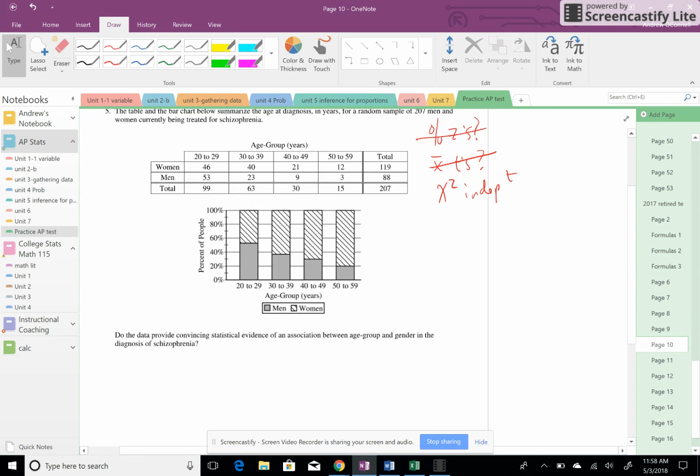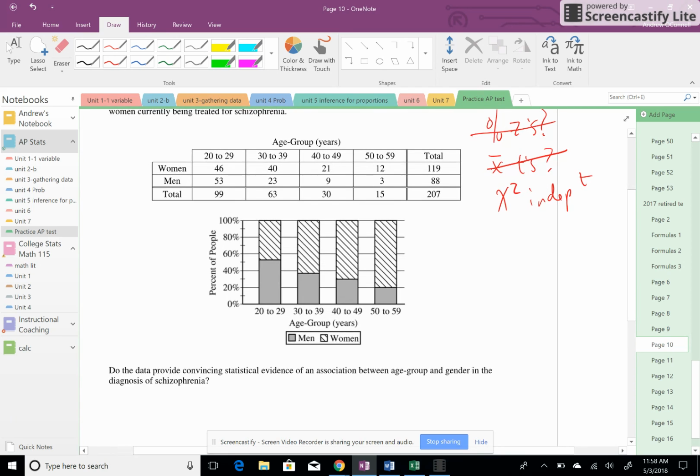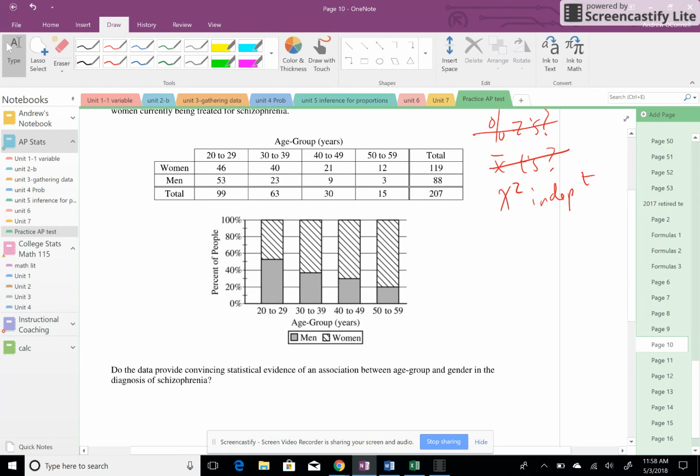So if we have the actual observed values, we're going to have to check some conditions, and we're going to have to find some expected values. So let's start with conditions really quick. Data is random. It says so. Random and independent in counts.